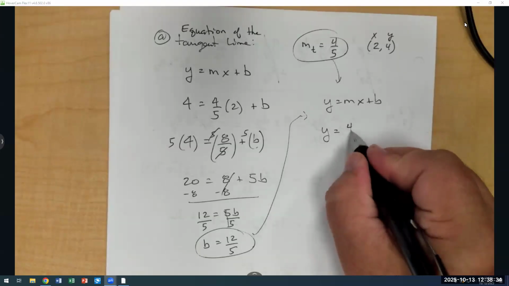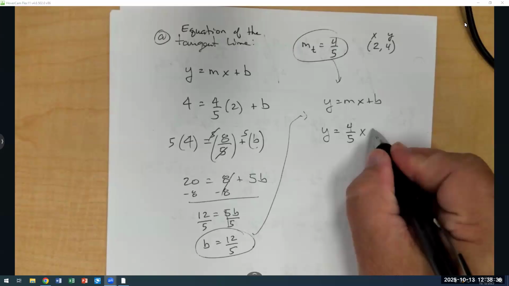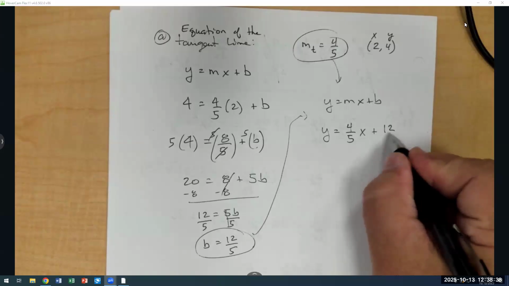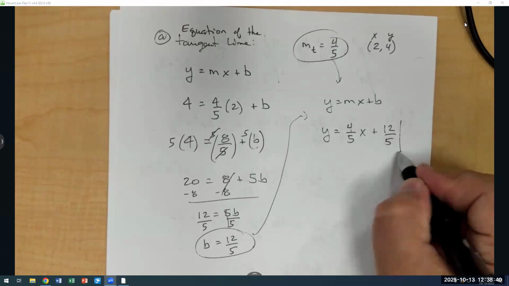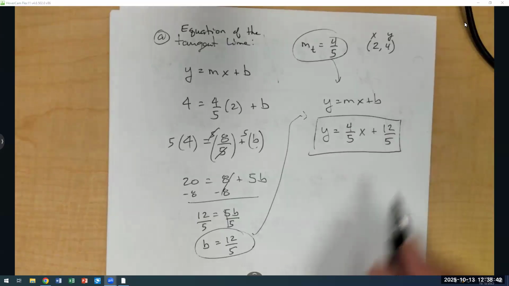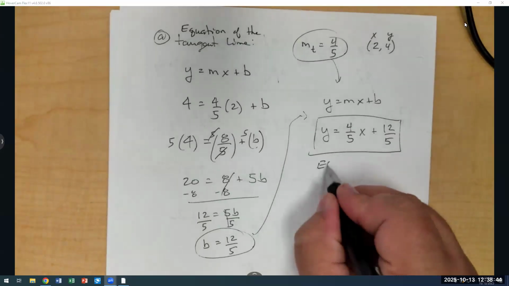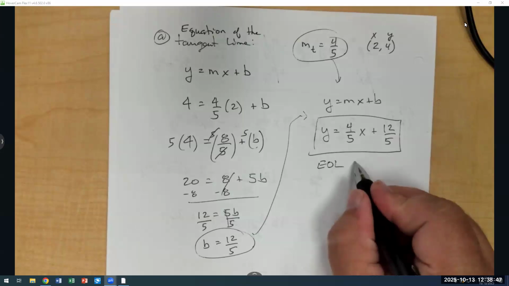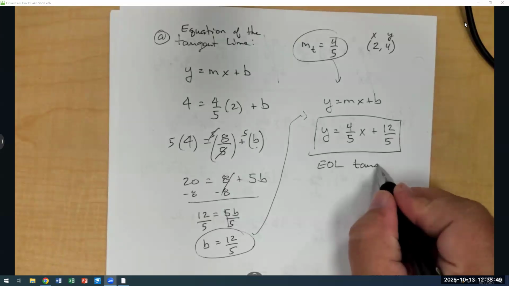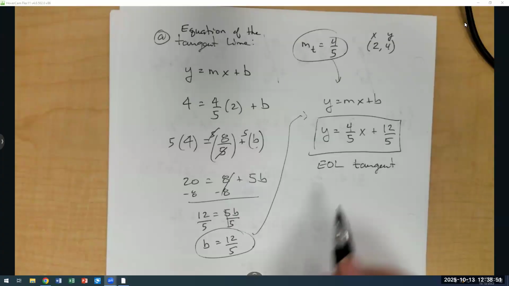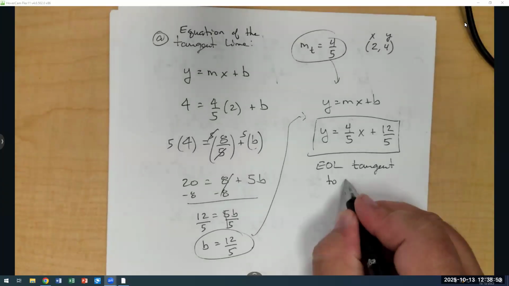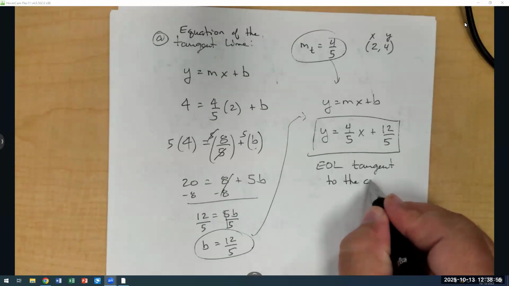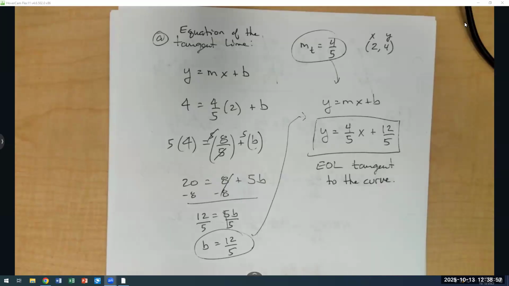The slope was 4/5, and the y-intercept is 12/5. So this is my equation of the line tangent. So that's the equation of the line tangent to the curve at 2,4.